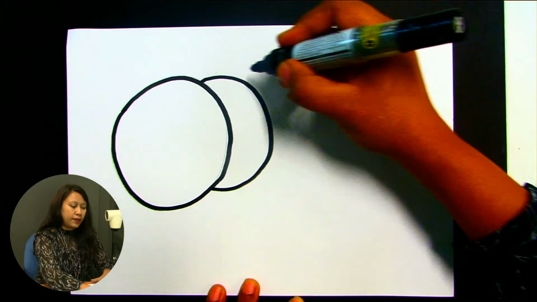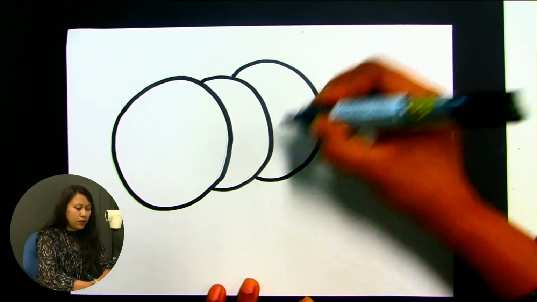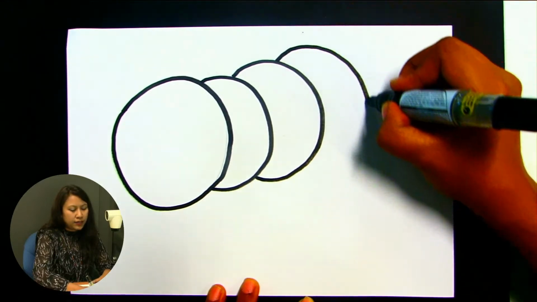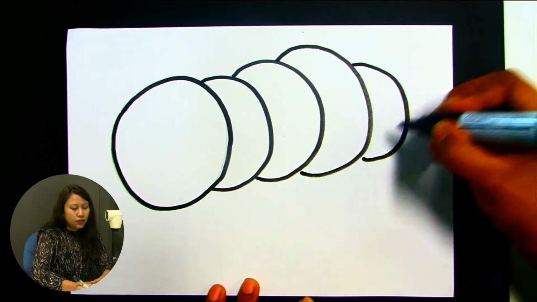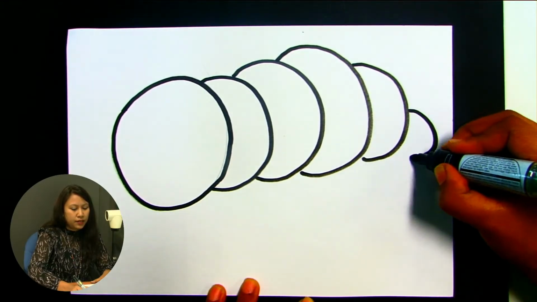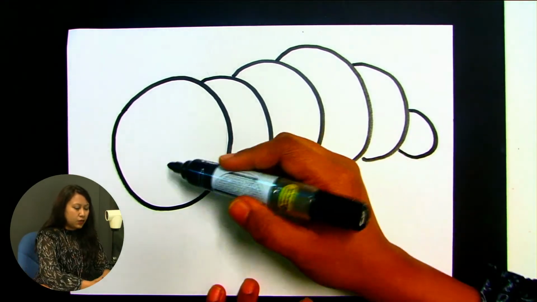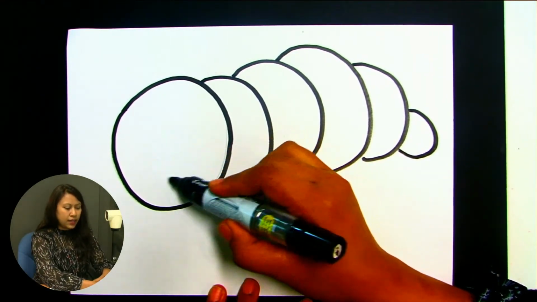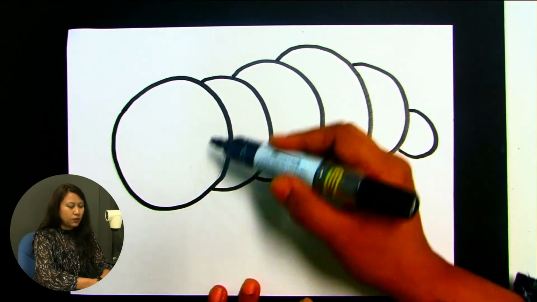Once I've decided, I will now add on more lines or organic shapes to create my drawing. There, so now I have a caterpillar. I don't need to draw anything on the caterpillar's face because it will be cut out, so don't worry about that.